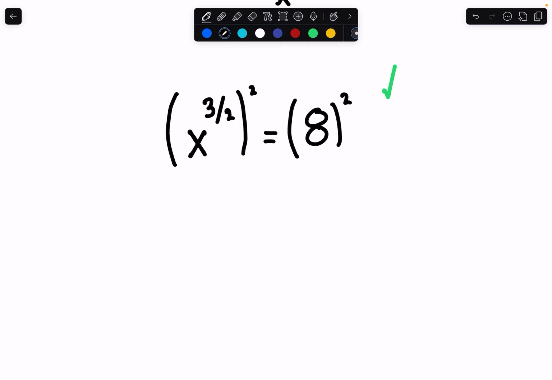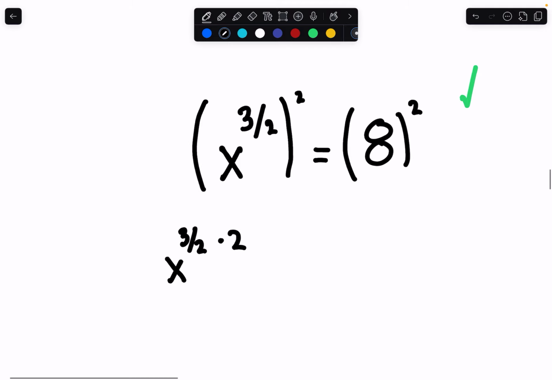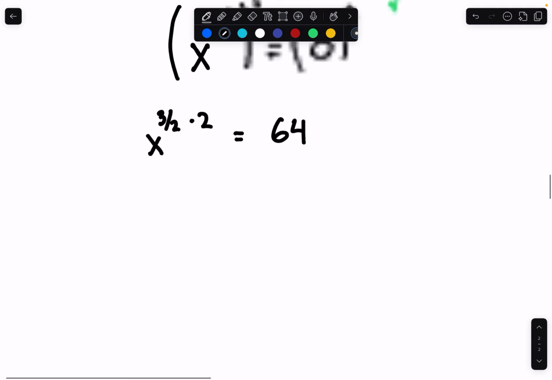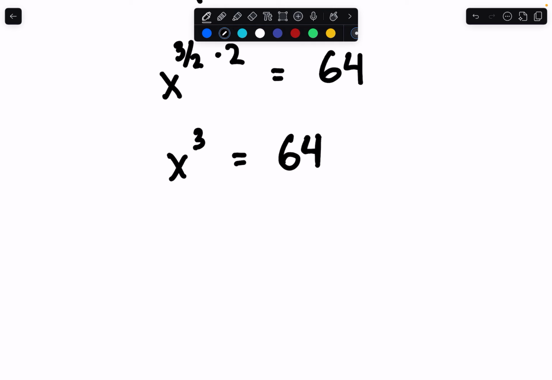So what we end up with is x to the power of 3 over 2 times 2, and 8 squared gives us 64. So we actually end up with x to the 3 equals 64. Now we're not quite done because we still want to find out what x is. And we can do this simply by taking the cube root, which is the same thing as putting it to the power of 1 over 3.